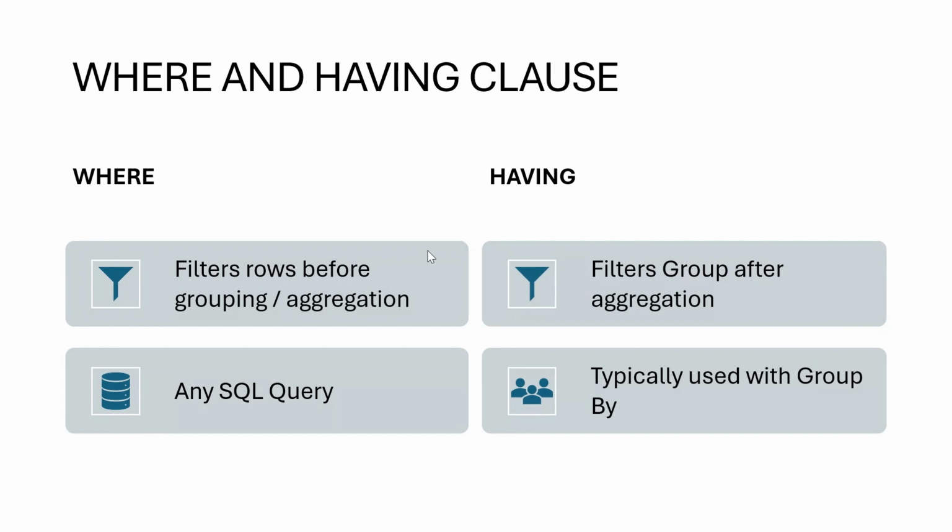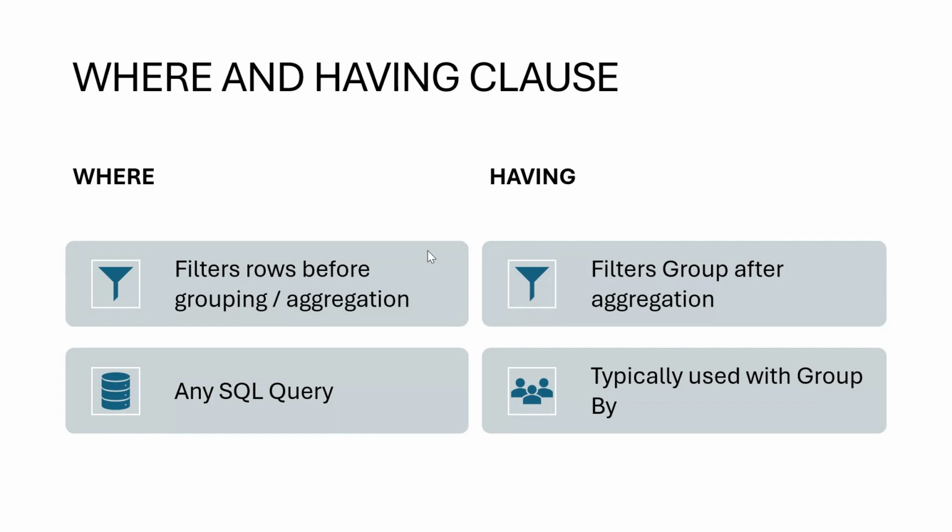But in the WHERE clause we do not use any aggregate function, whereas in the HAVING clause we do. As discussed, suppose I want to find out whether the total sale amount is greater than 2000, then I need to put that aggregate function in the filtering condition.